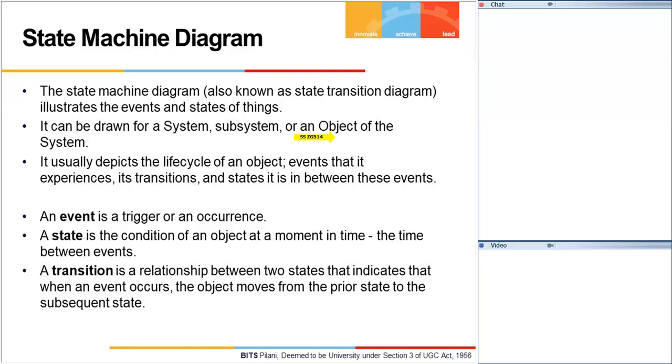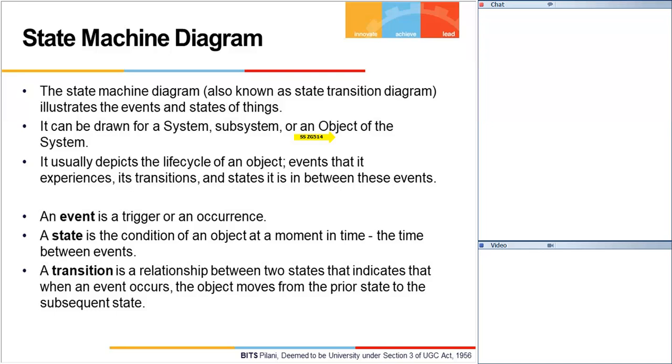And this you would be able to understand only if you find out whether that given system exhibits states, whether the given system exists in different states at different times, right? And this you can easily find out from the given description of the case study, right?